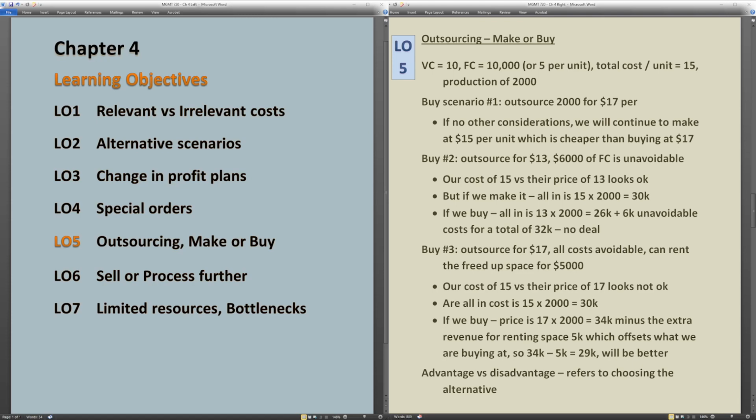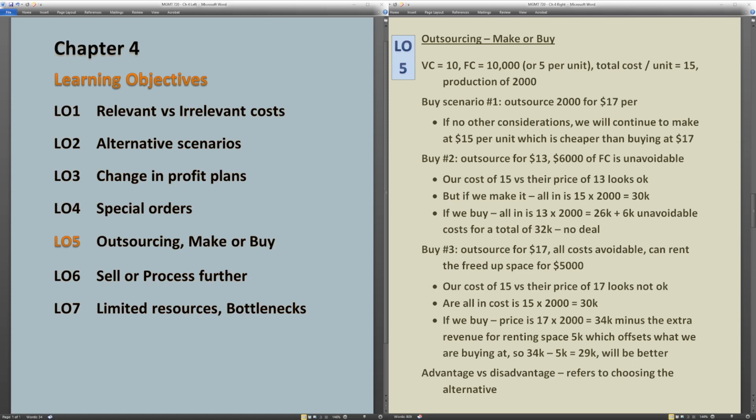So we would just straight up say no. If there were no other complications or factors going on, and someone came and said, we can make that for $12 per unit, we would definitely do it. If we make it for 15, they sell it to us for 12, that's a very easy decision as well. So the first one is no. They're selling it for too much.